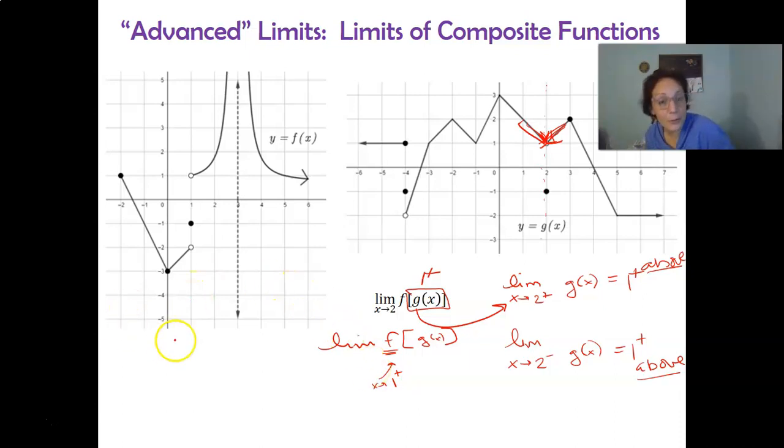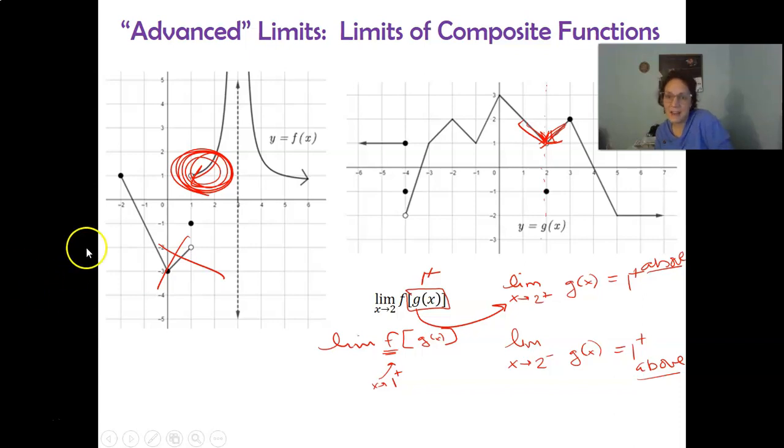So when I come over to my graph, I don't care that it approaches left and right, because I am only approaching from the right. G of x is never going to spit a value out down there, so I don't ever need to worry about what's happening on that side of 1 for f of x.